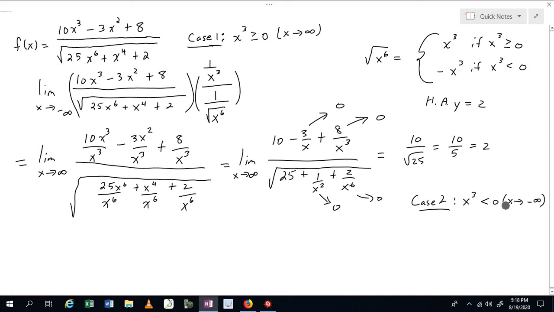If x is heading towards negative infinity, it must be negative at some point. So if it's a negative number, when you cube it, x cubed would have to be negative. And if x cubed is negative, then when you take the square root of x to the sixth, since it's a piecewise function, you're actually in this bottom case. And so the square root of x to the sixth is not x cubed, it's the opposite of x cubed.